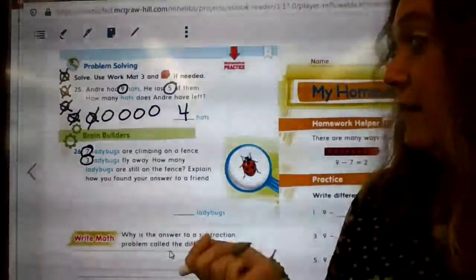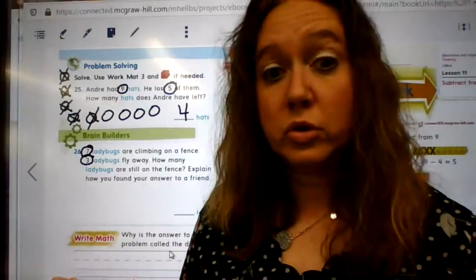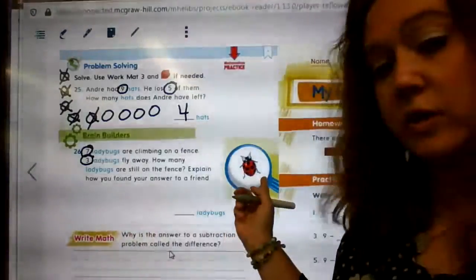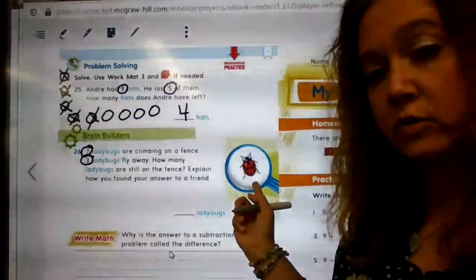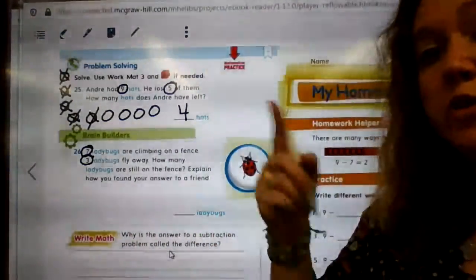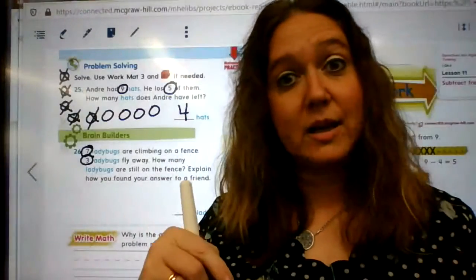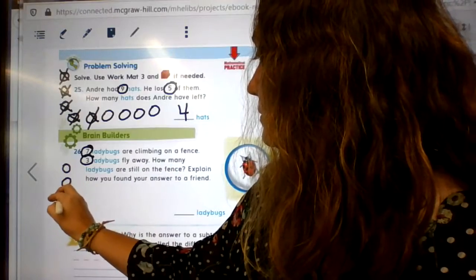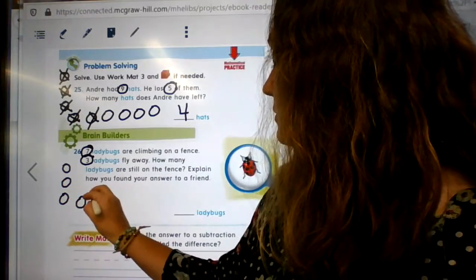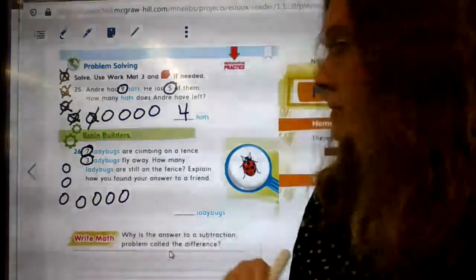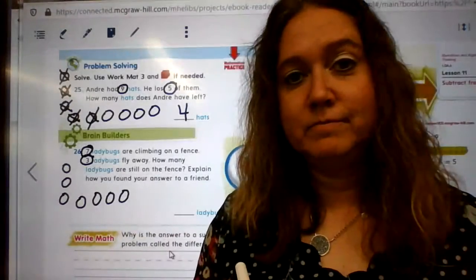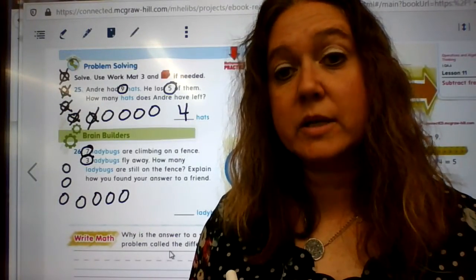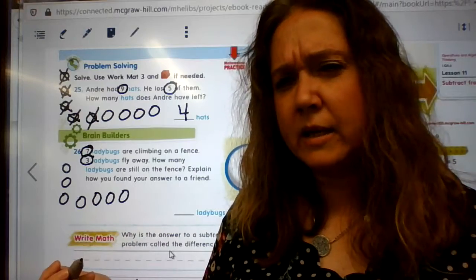Okay, 7 ladybugs. You could draw ladybugs if you want to. They kind of show what it looks like. I'm just going to draw circles, but if you wanted to draw ladybugs, you could pause it and draw your ladybugs. Seven ladybugs. How many flew away?